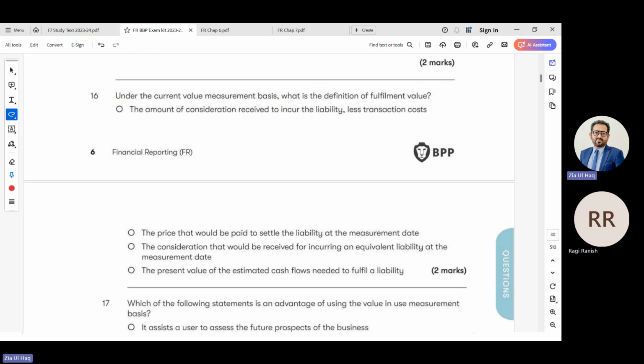Number 16, under the current value measurement basis, what is the definition of fulfillment value?